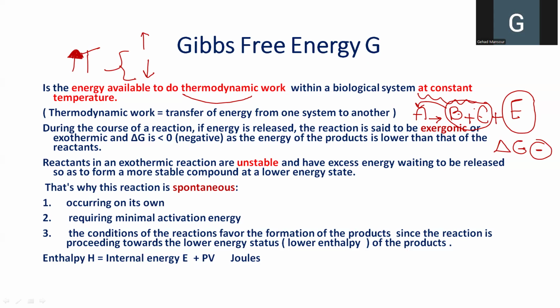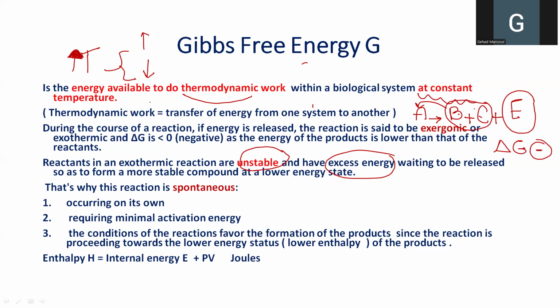And since they have more potential energy, they are considered more unstable because they have an excess energy, or surplus energy, that's waiting to be released in order to form a more stable compound with a lower energy state.